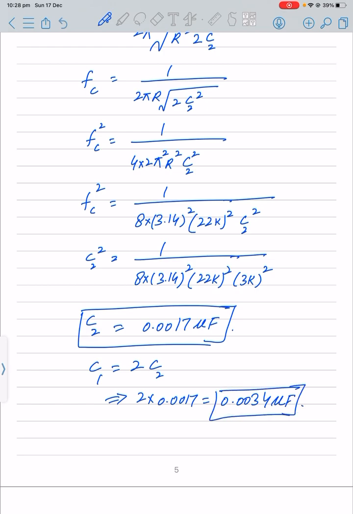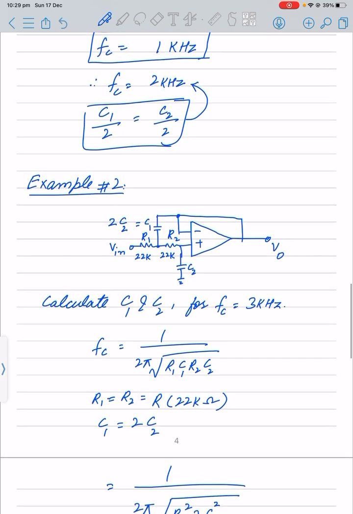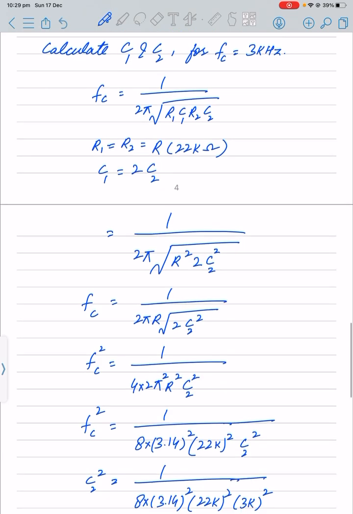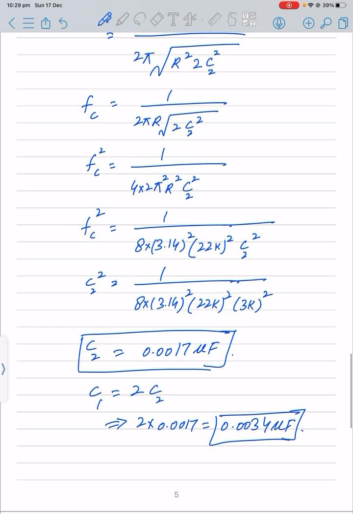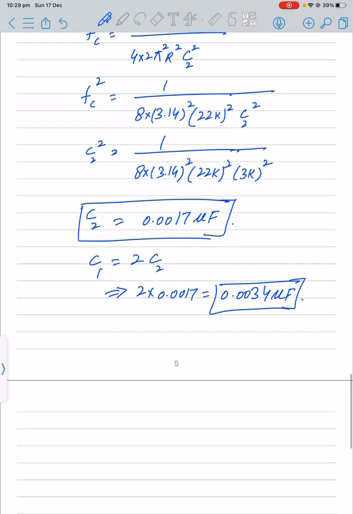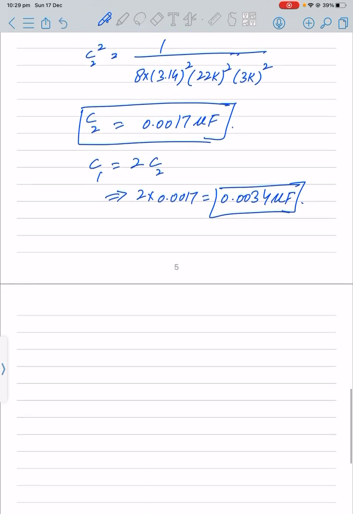So again the same thing, if our C1 is equal to 2 times C2, then we will get a corner frequency of around 3 kilohertz for that particular circuit when our R1 is equal to R2 and both have the value of 22 kilo ohms. So that is the second example for our low pass filter. Now let's move towards the high pass active filters.